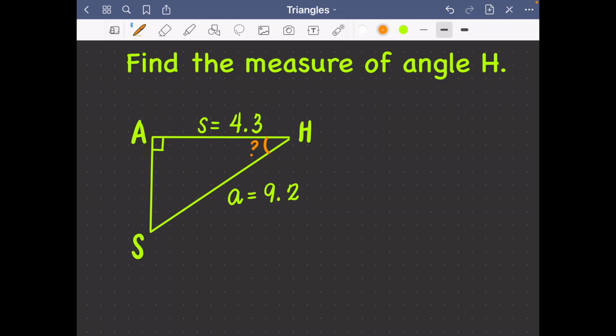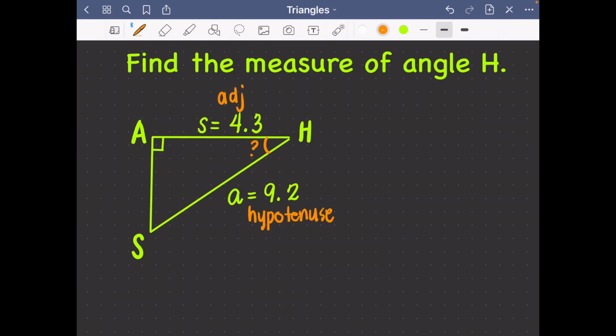Based on angle H, always opposite the right angle is the hypotenuse. And then the given side S is adjacent to angle H. So this is adjacent.